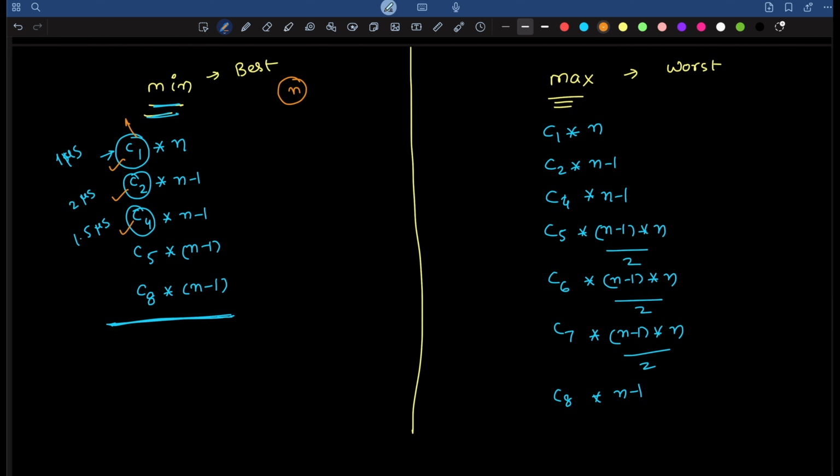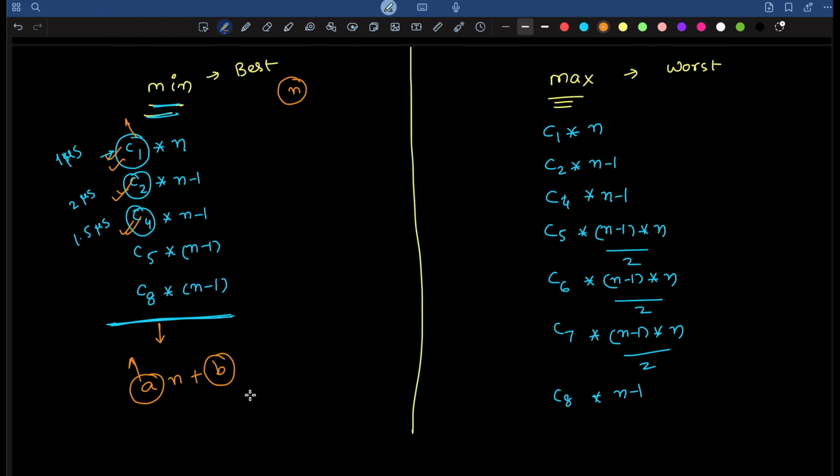If we sum up everything in the best case, we can write the total time as an plus b, where a is a combination of C1, C2, C4, C5, C8. So these are all constants.